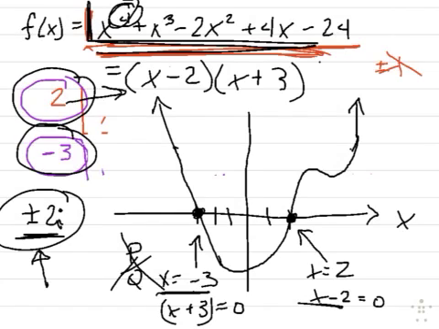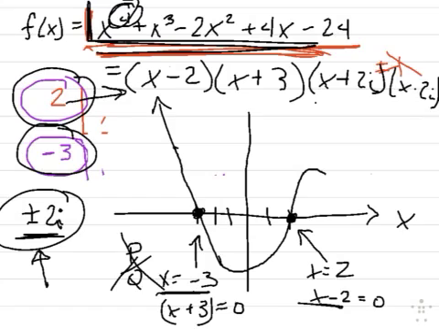And then the other ones would be x plus 2i and x minus 2i. Or if they wanted you to write it without the imaginary roots, you could leave the quadratic, which I don't think the teachers really want you to do, but you could leave it like that. X squared plus 4. Because if you multiply those out, you get x squared plus 4.